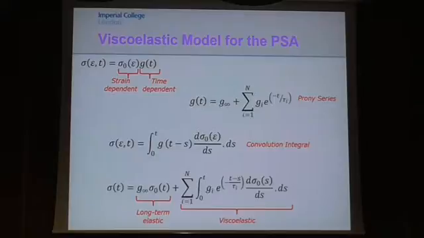So for the time-dependent part, I use a Prony series and determine the different time constants, and you can see it's divided into the long-term elastic part and the viscoelastic part.